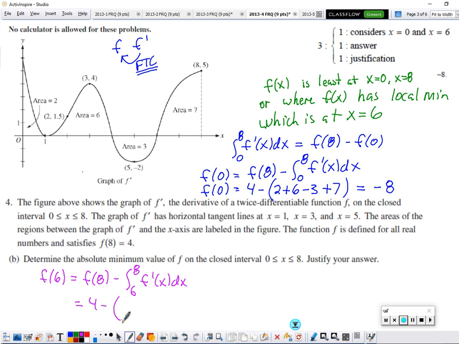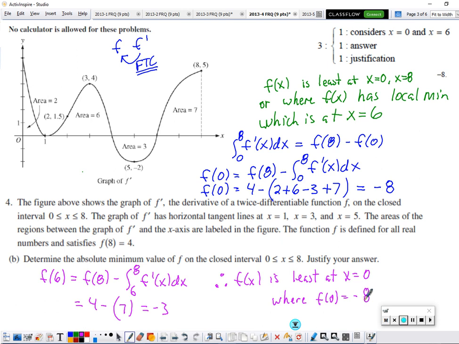If I'm integrating from 6 to 8, that integral is 7. So that would be negative 3. Therefore, f of x is least, to determine the absolute minimum value, at x equals 0, where f of 0 is equal to negative 8. And that's how you get to 3.